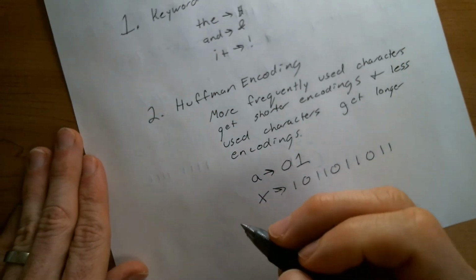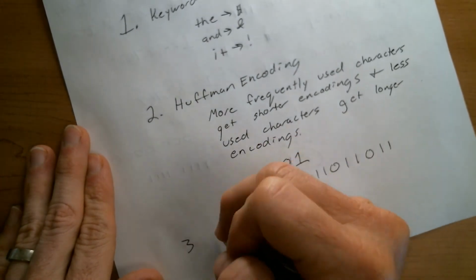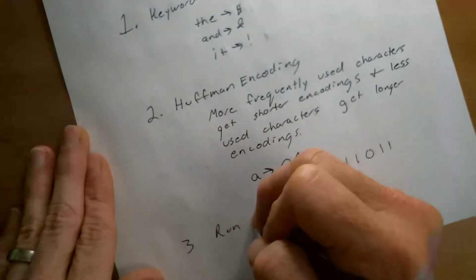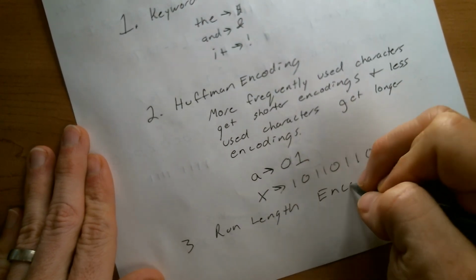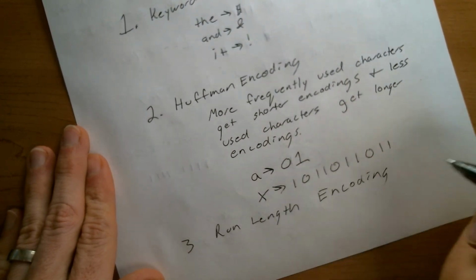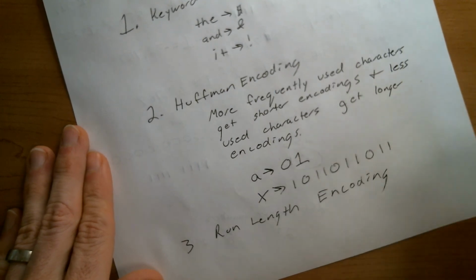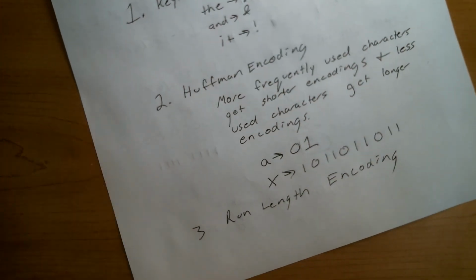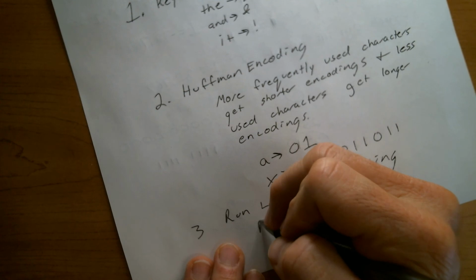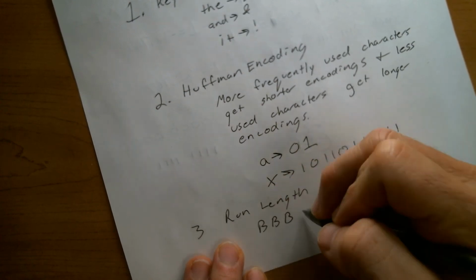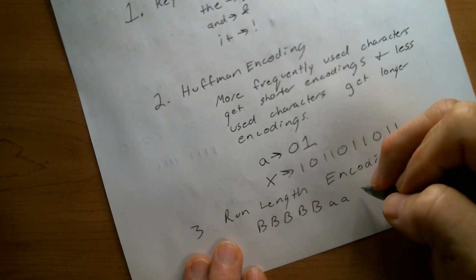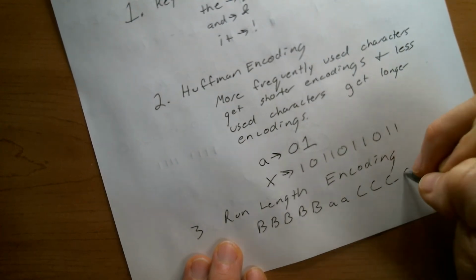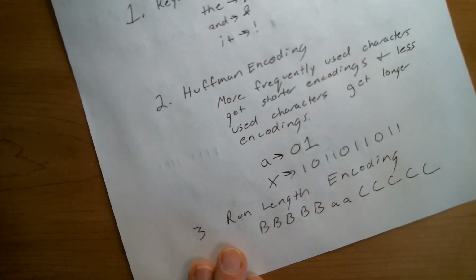And then the last one that we did was run length encoding, which was useful when you had long sequences of things. So for example, if you had B, B, B, B, B, A, C, C, C, C, C, C, or something like that.